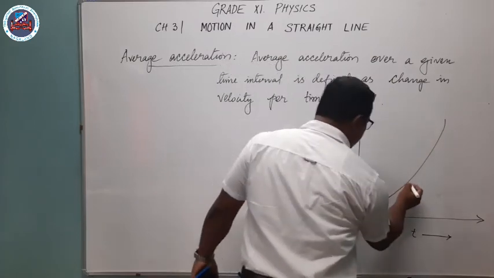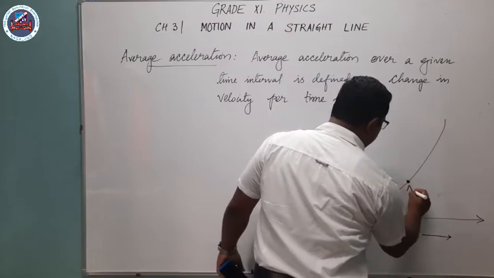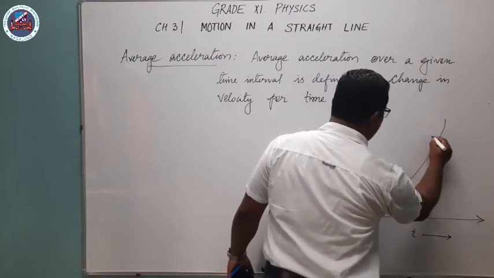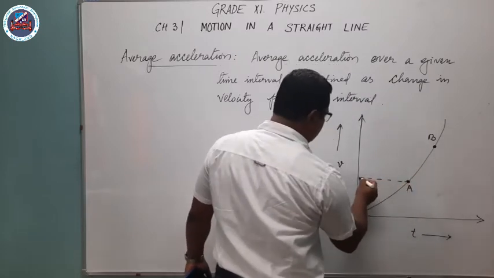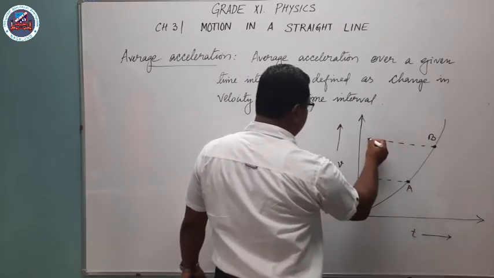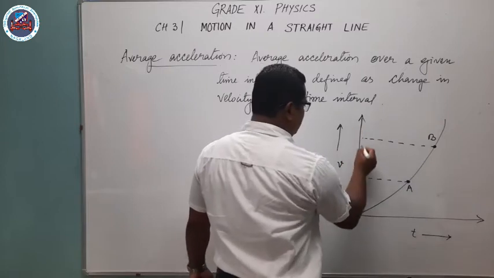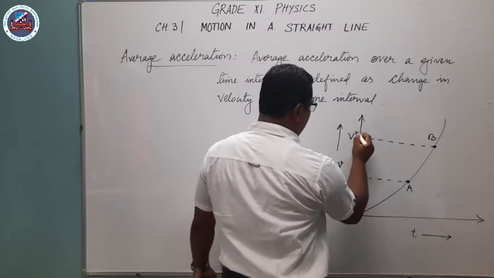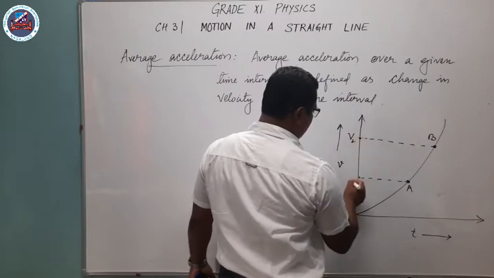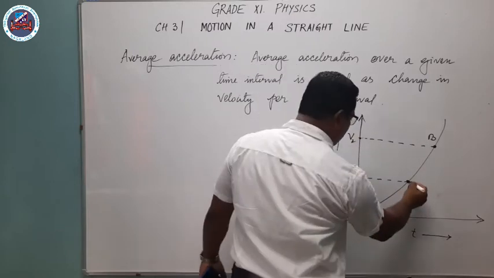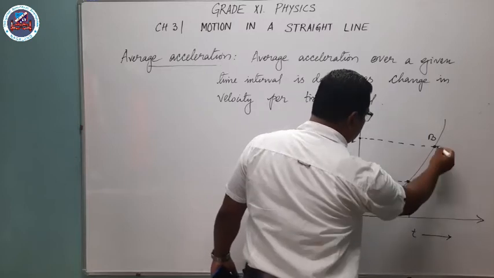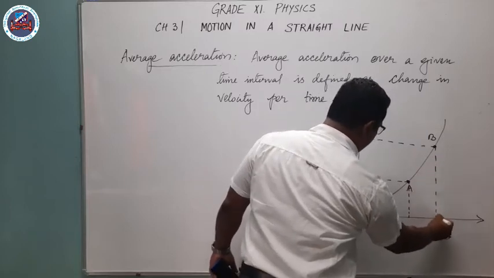Now what you have to do is take 2 points on the graph like this, A and B. You come towards your y-axis. Here this will be your final velocity, let me mark it as V2, and the initial velocity, let me mark it as V1. Then you come down towards the time axis also, perpendicularly.